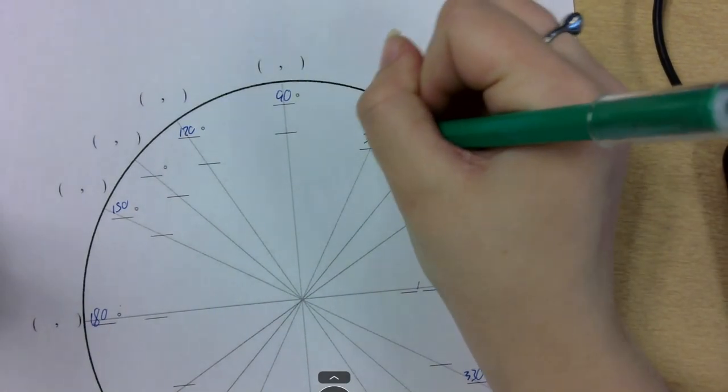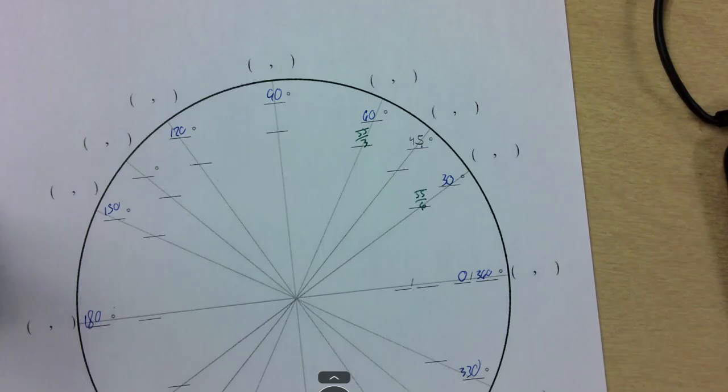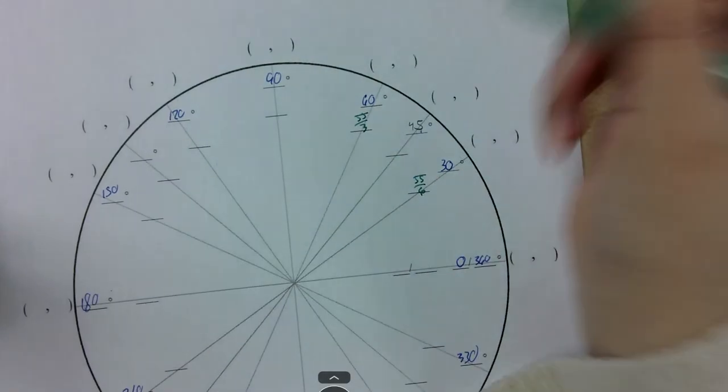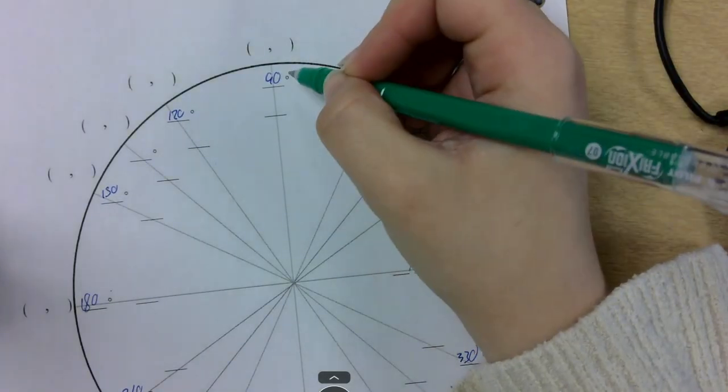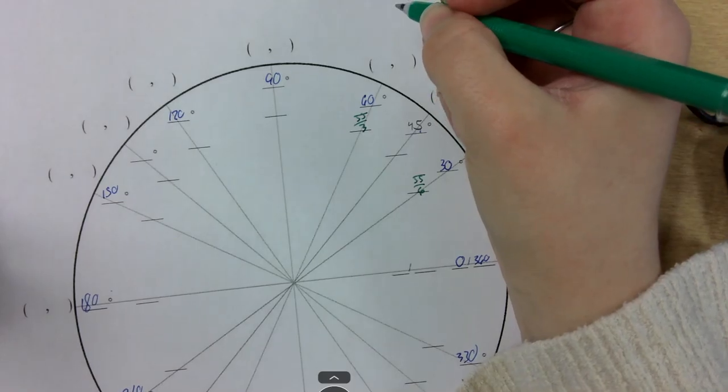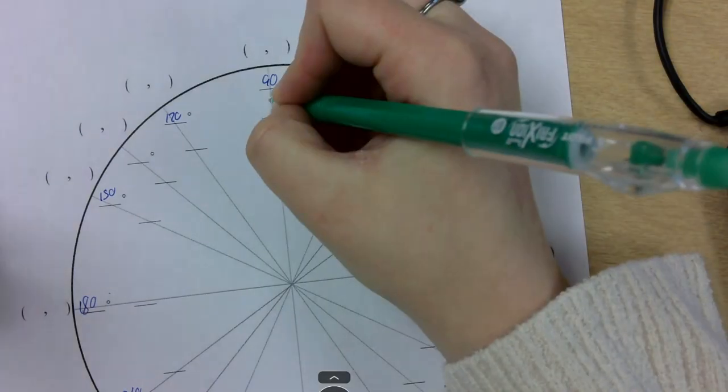Yep, pi over 3. So there is our beginnings. Now, you guys all have it in front of you. We went up by pi 6 when we went all the way around and we simplified them. So we went up by 30 degrees. So what would be 90 degrees in radians? Yep, pi halves.